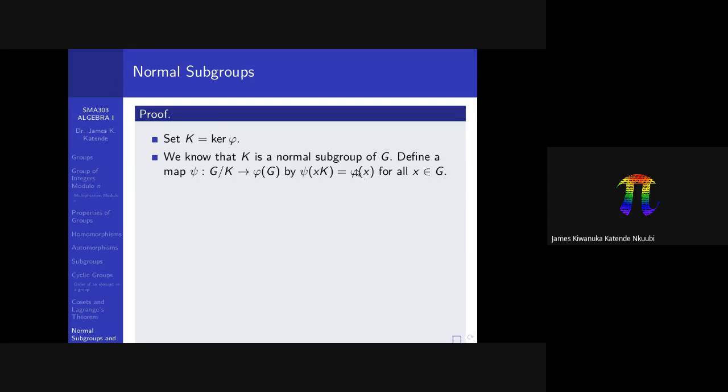So at this point, we already know that phi is a homomorphism. What we don't know is if this new map will be a homomorphism. So let's check. To check that it's a homomorphism, we pick any two left cosets, find the image of a product of two left cosets, and K is a normal subgroup, so xK yK is the same as xyK.